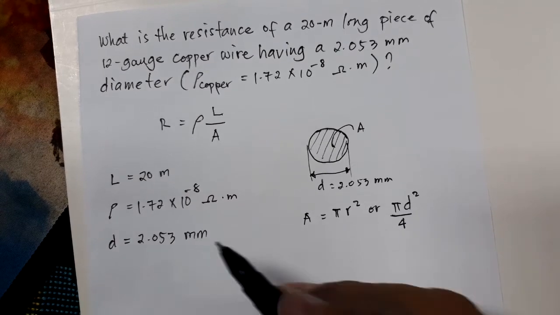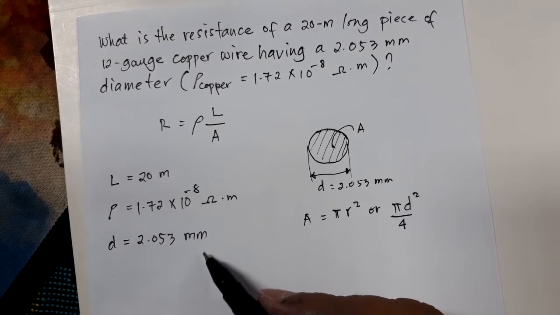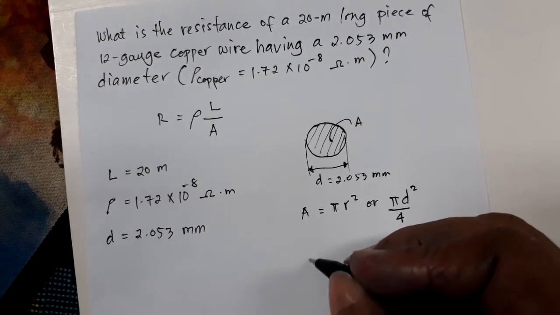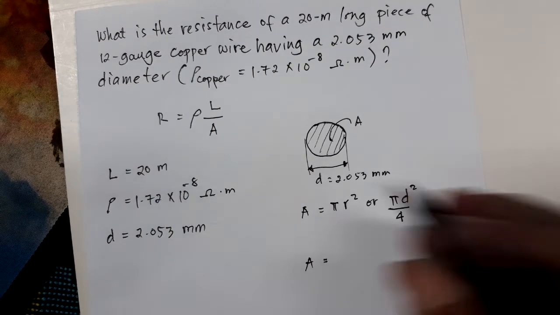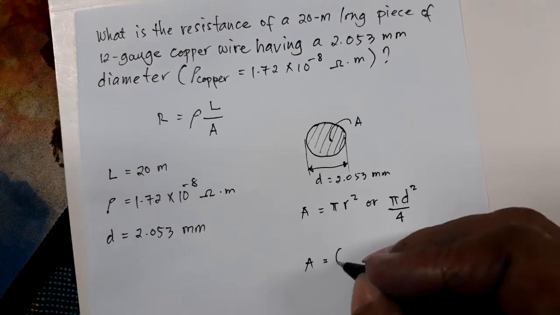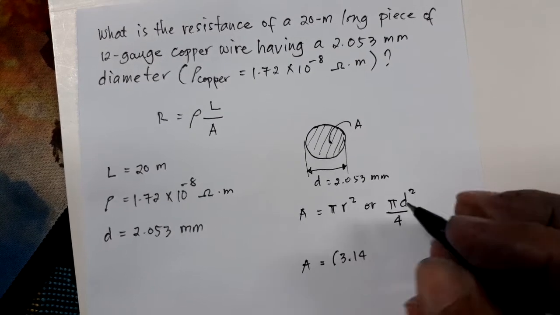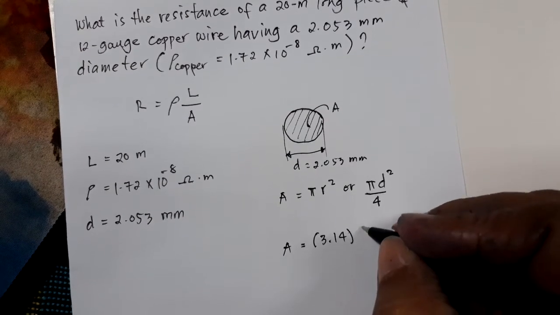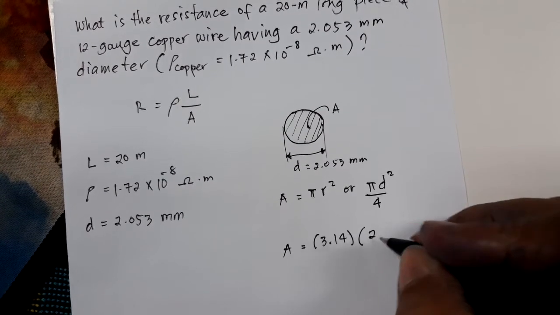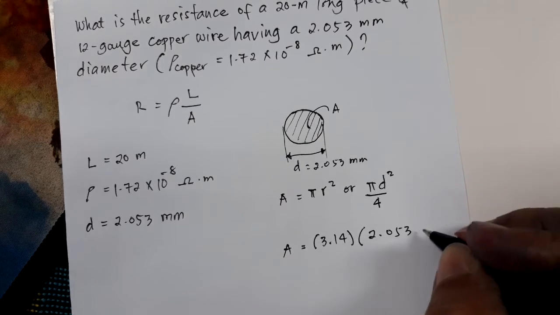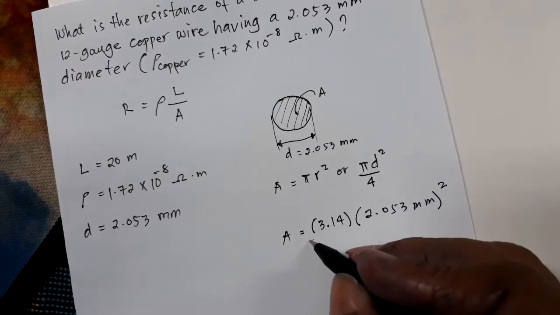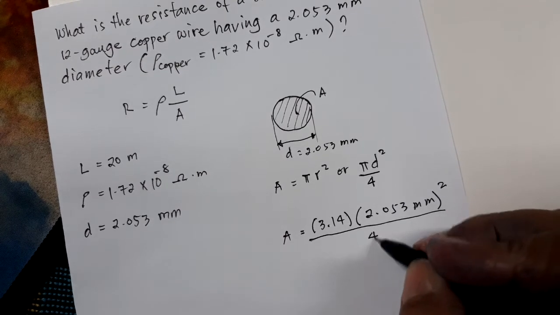Since this is in mm, we can convert to meters, but we will solve first the area in terms of mm. Your pi is actually 3.1416, let's say 3.14, times the diameter, 2.053 mm, squared, divided by 4.